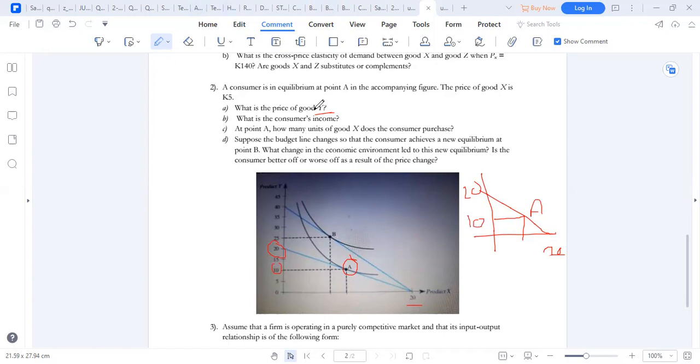What is the price of good Y if the price of good X is 5 kwacha? You need to think from the lines that I have just indicated. It's cutting here at 20, and it's cutting at 20. And this is Y, this is X.